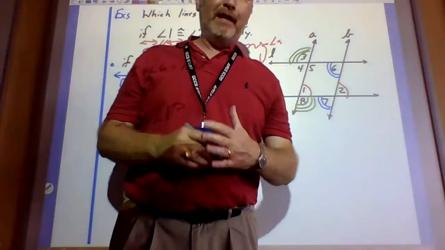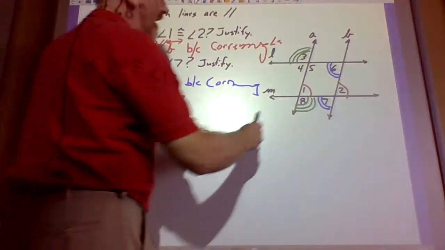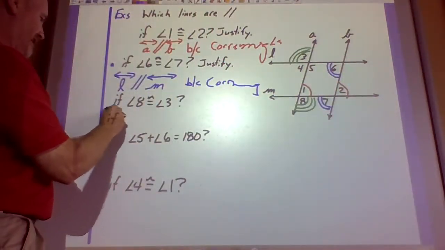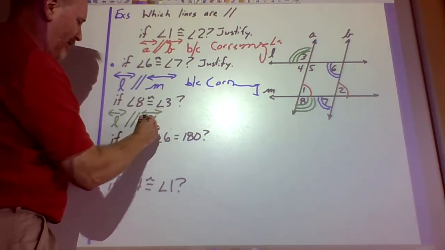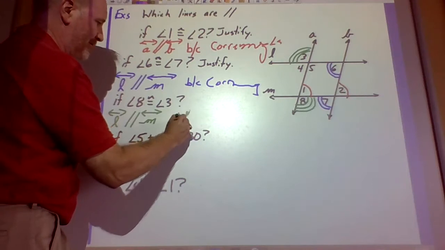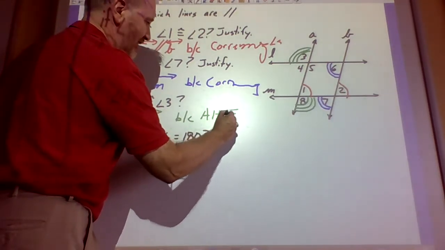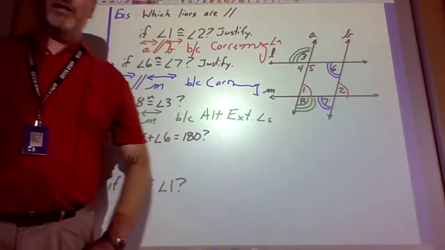So we definitely have alternate exterior angles. So we're going to say line L is parallel to line M because of alternate exterior angles. All right. Any questions on that?